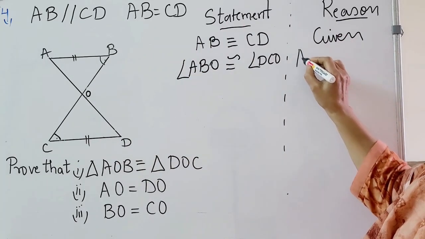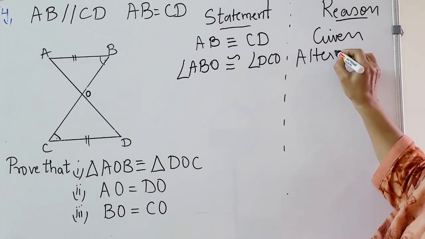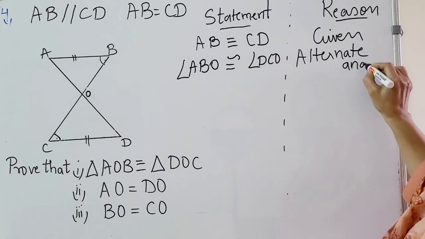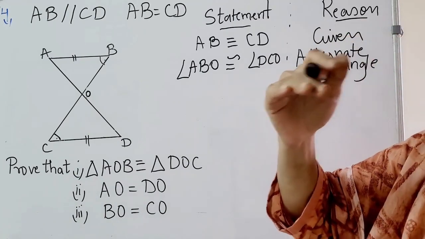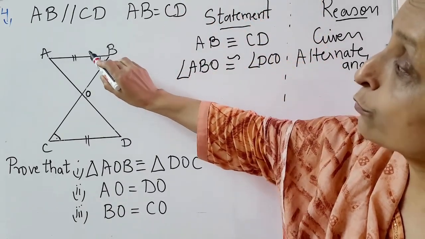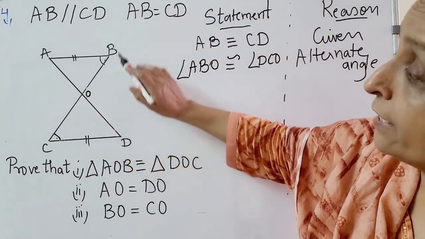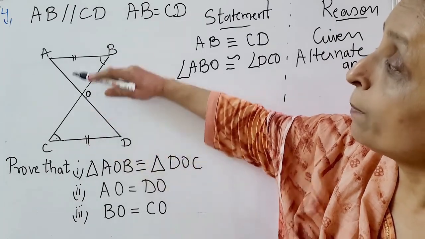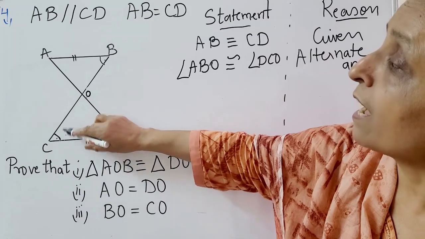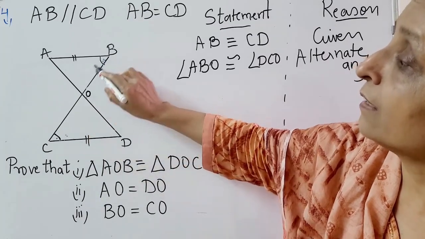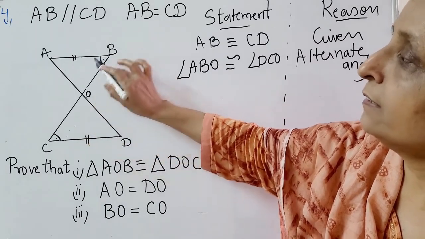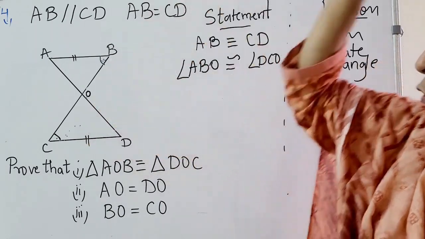They are alternate angles. Now you know what alternate angles are? When two lines are parallel and a line which passes through them intersects the two parallel lines, they make alternate angles, and these angles are congruent. So they are alternate angles and therefore they are congruent.